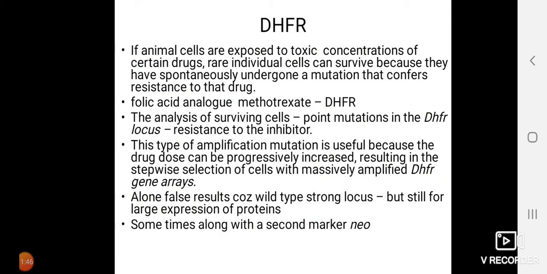Another kind of marker people use is DHFR, that is the dihydrofolate reductase gene. Dihydrofolate reductase is the enzyme required for producing deoxynucleotides, because the ribonucleotide reductase enzyme is involved in the production.